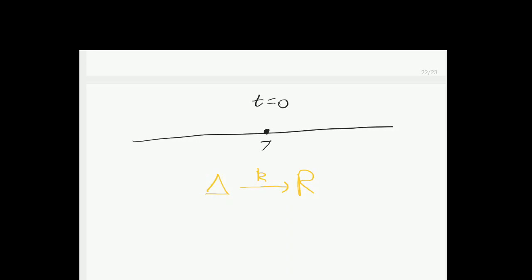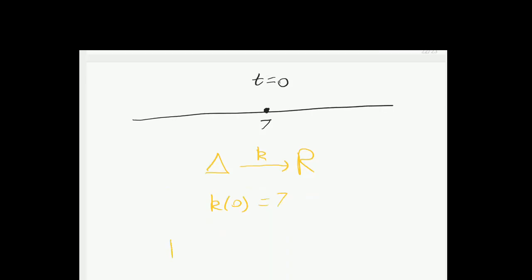Okay, so we could imagine that k of 0 is equal to 7. So this map is sending the value 0 in delta to this number 7. And so alternatively, we can think of k as being a point in this space of infinitesimal paths on the line.